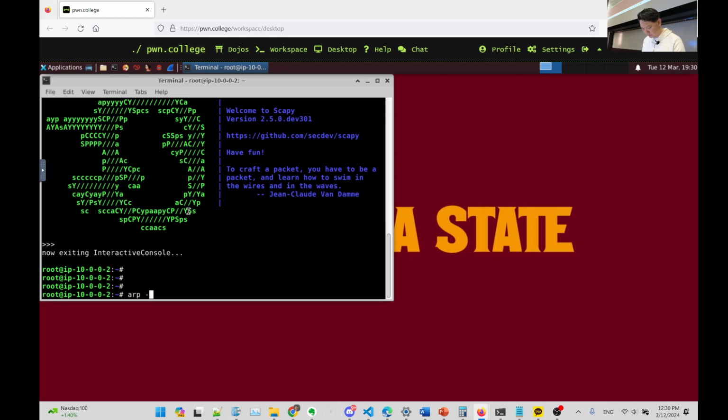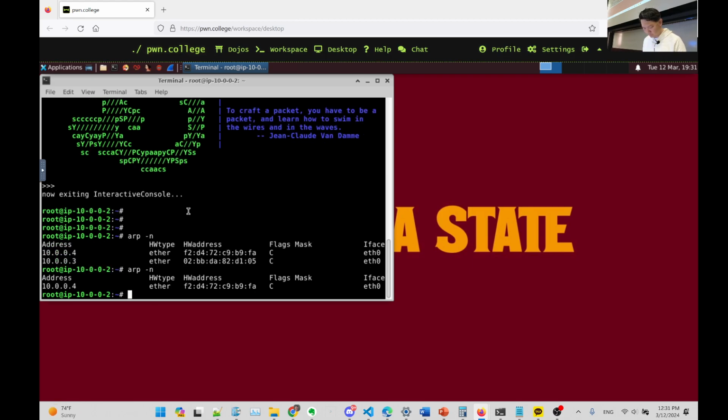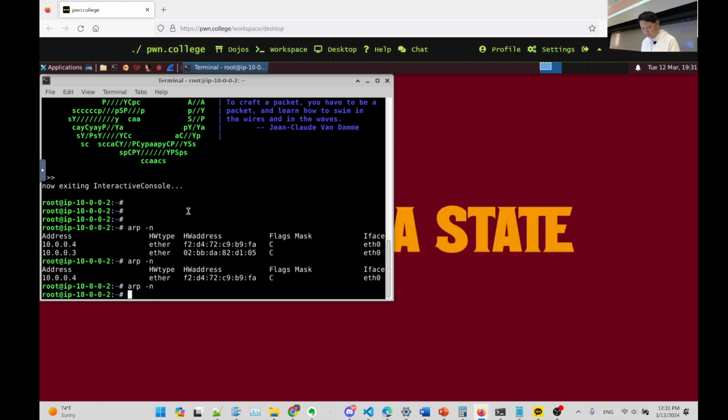Again, let's check the ARP cache table. Yeah, as you see, some entries disappeared, right? 10.0.0.3 was removed from the list, right? Yes, now the lists are all cleared.